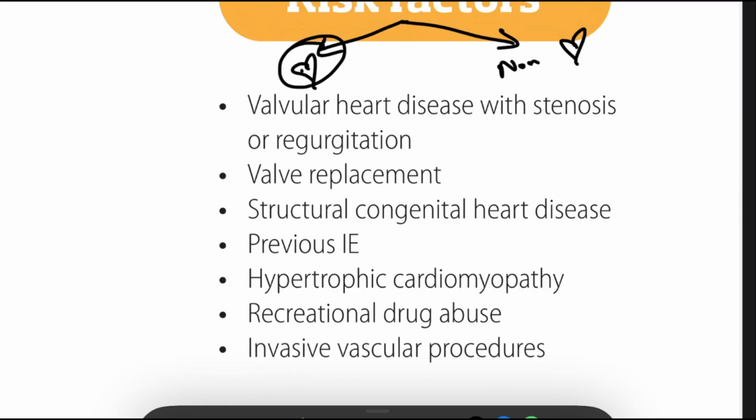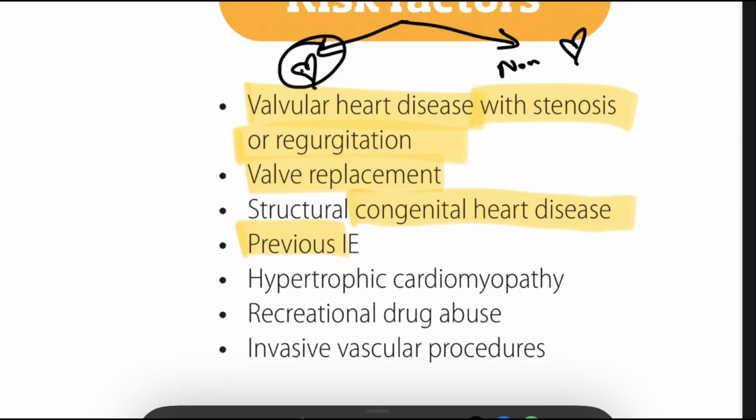First, the cardiac risk factors: previous infective endocarditis, prosthetic heart valves, valvular heart disease with stenosis or regurgitation, rheumatic heart disease or congenital heart disease. These are the main cardiac risk factors.